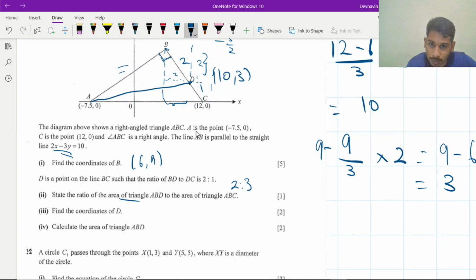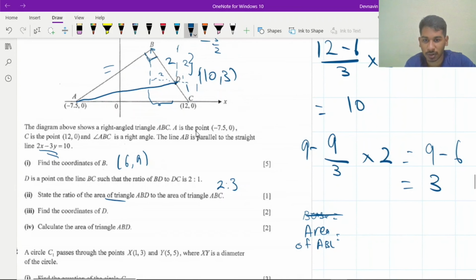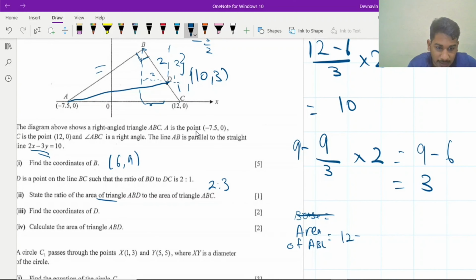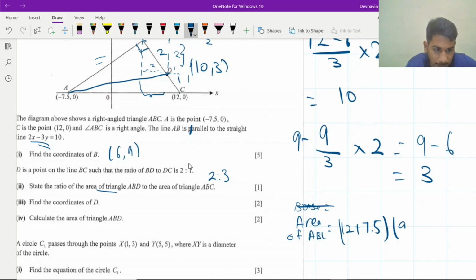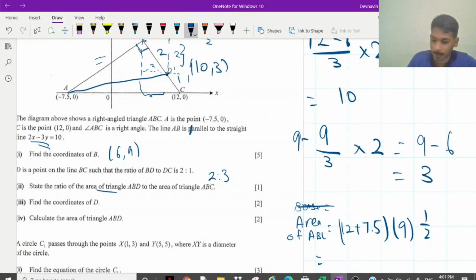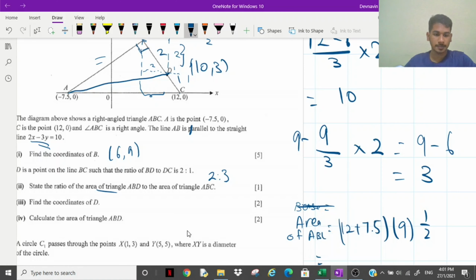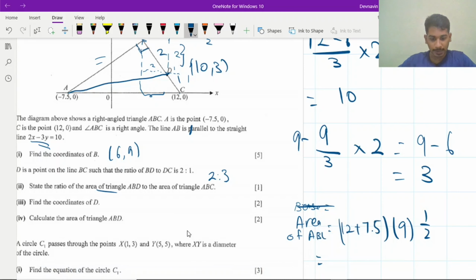The area of ABC is 12 plus 7.5 times the height, which is 9, and then times half, which is going to be 45.75.